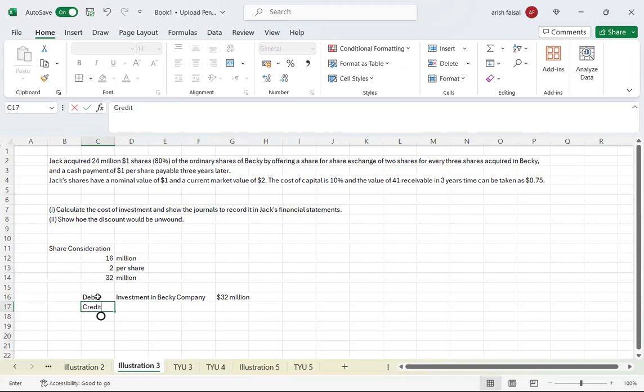But as far as the credit is concerned, they have issued their share capital. So share capital will be credit, but you have to keep in mind that whenever you're recording the share capital transaction, it has to be at the nominal value. So in that case, the total number of shares that have been issued were 16 and their nominal value is 1. So that makes up a total of 16 million.